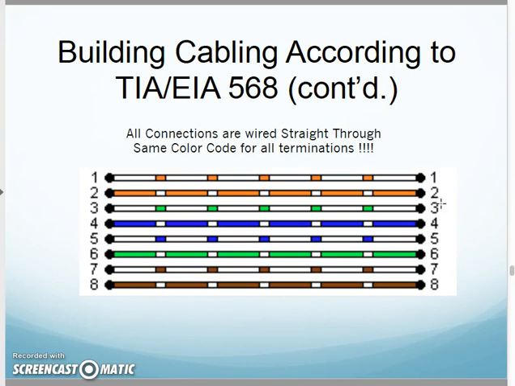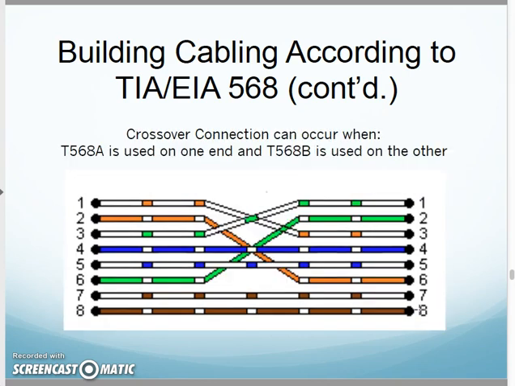So what they mean by wired straight through is, in this case, I would use my 568B color code, which is what we're seeing here, on one end of my cable or cable run, and I'm going to use 568B on the other end of the cable or cable run, so that everything is wired straight through. If I were to mismatch my color codes, which is relatively easy to do, say you do all the patch panels on Monday to 568B, and then you start doing outlets, and you forget on Tuesday and start doing the A color code over here.